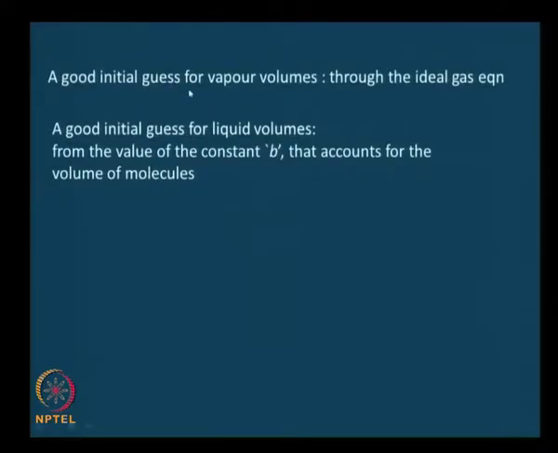Therefore, the value of B that accounts for the volume of molecules could be a very good initial guess to start with if one is interested in finding liquid volumes. Therefore, for a gas or vapor volume, it is the volume from the ideal gas equation, and for the liquid volumes the constant B is a good initial guess.